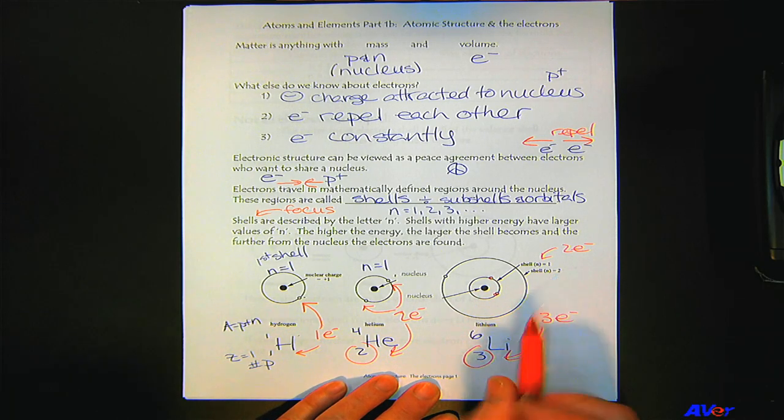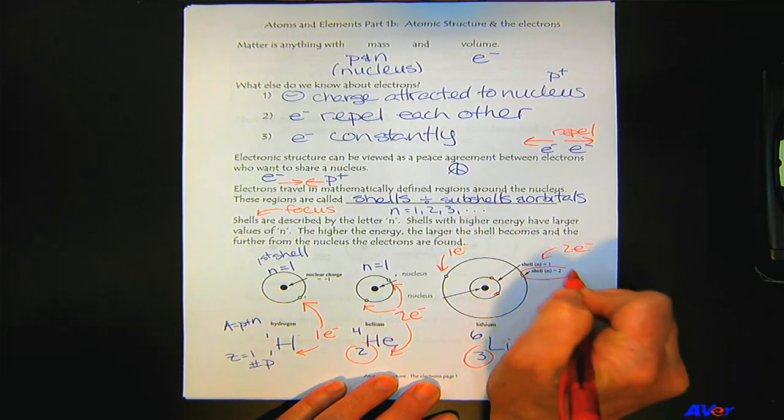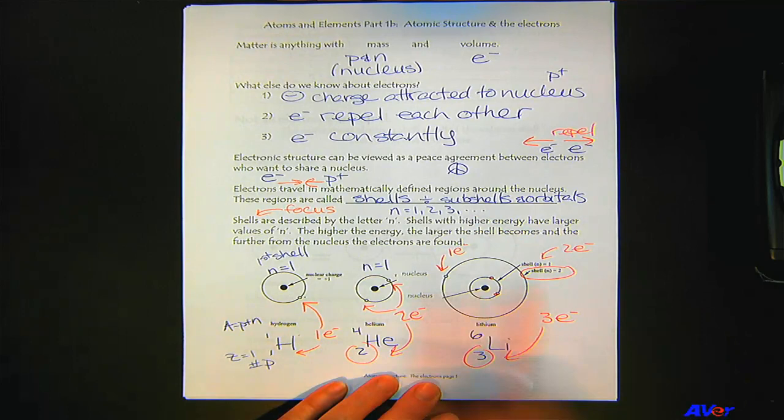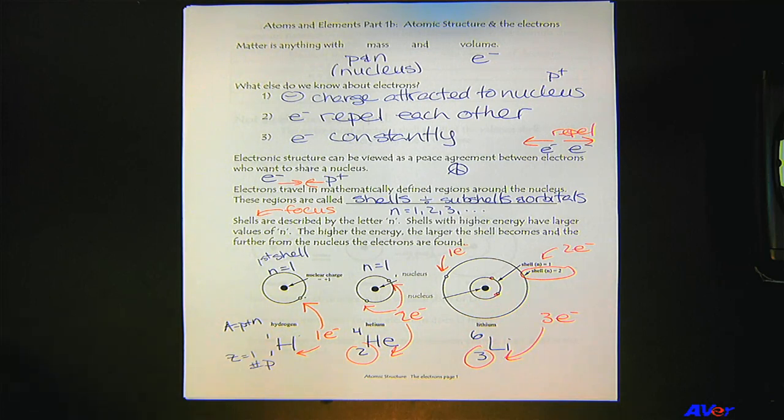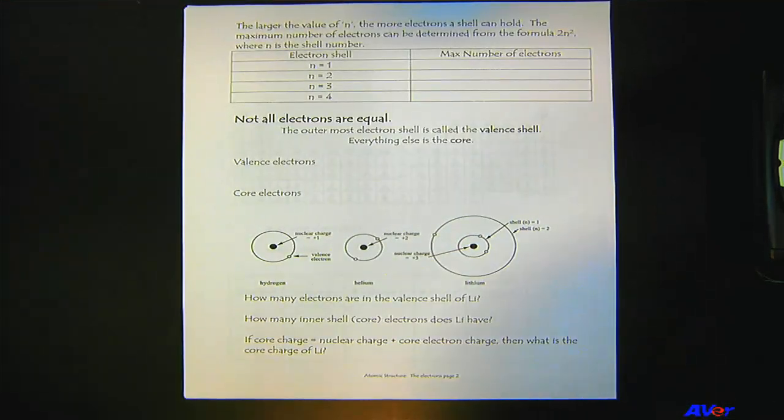And so the third electron has to go into the second shell. And we see as the shell number gets larger, the shell gets bigger, so we can hold more and more electrons.